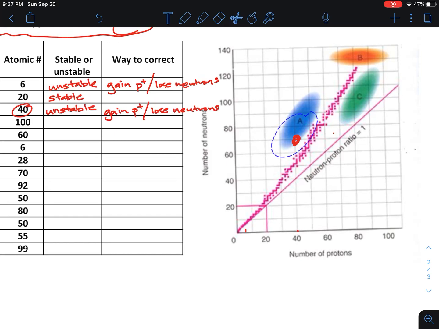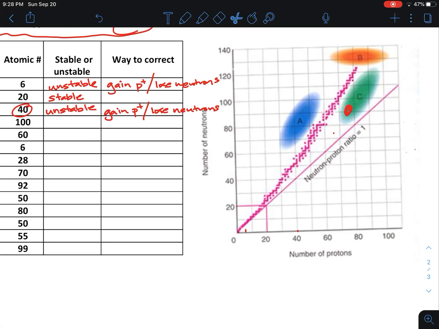So if you're in this range, you could gain protons or lose neutrons. If you're up in this range, the element is just too big. You'd have to lose neutrons and protons. Not necessarily both, but neutrons for sure to get you down to this range. If you're over here, then lose neutrons and protons.